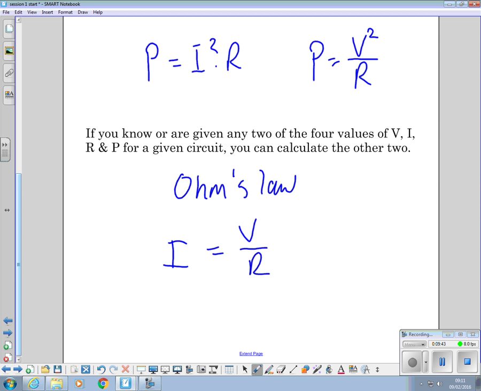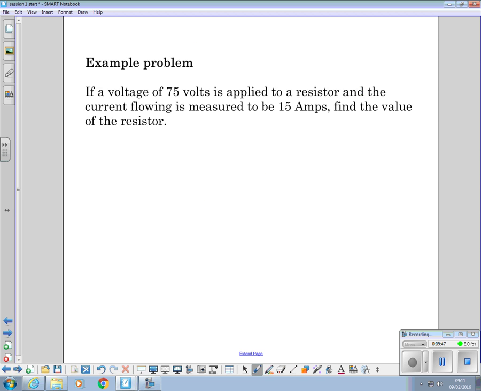So everyone happy with that so far? Example problem: 75 volts is applied to a resistor, and the current flowing is measured to be 15 amps. Find the value of that resistor.